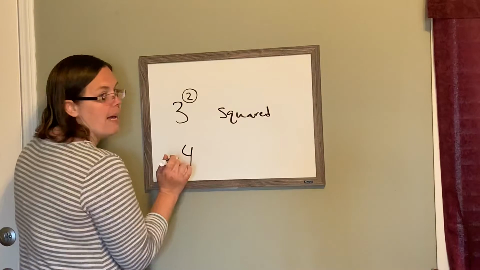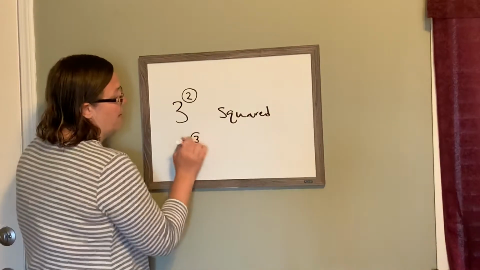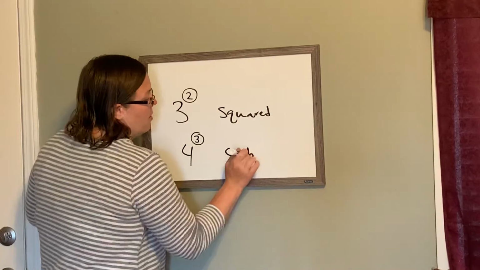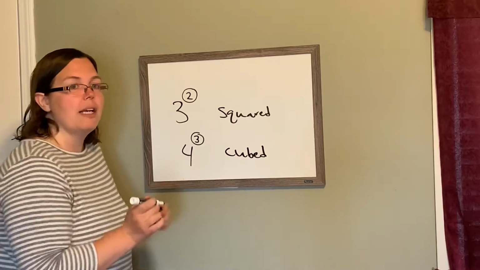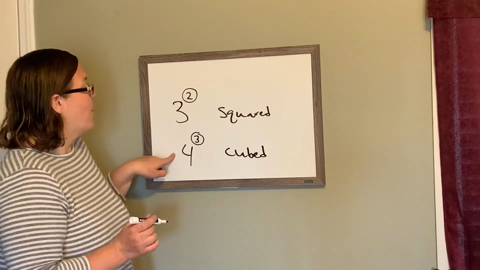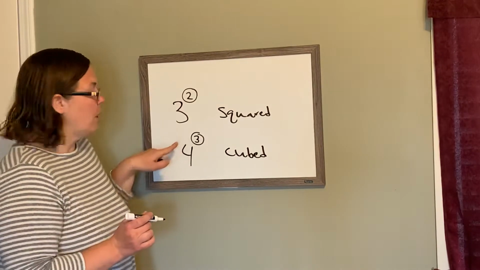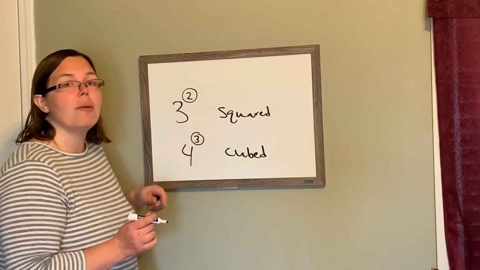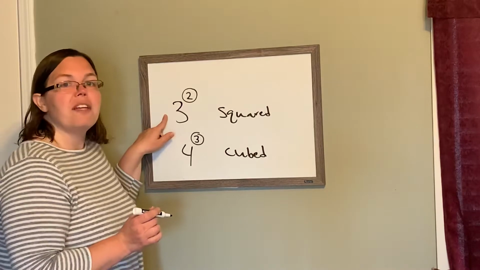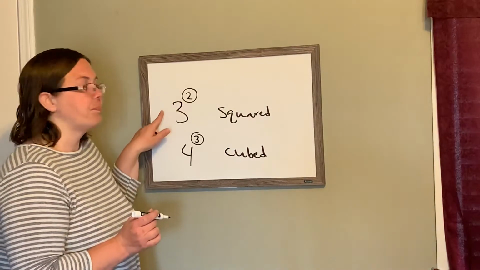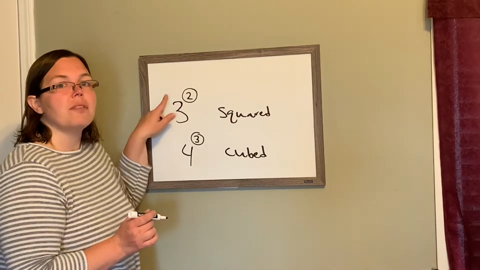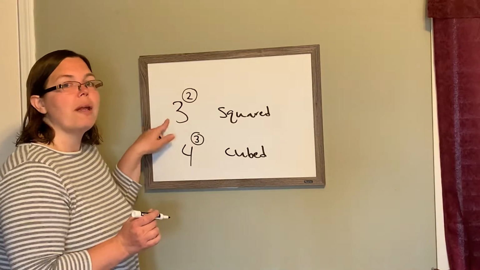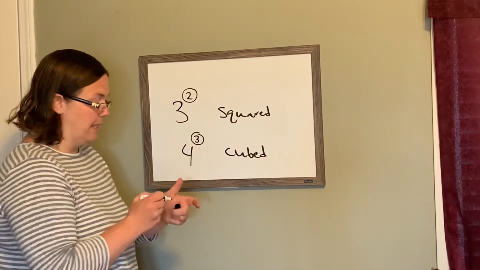If you have a base that has an exponent of 3, we like to call those cubed units. So you can either say 4 to the 3rd power, 4 with an exponent of 3, or 4 cubed. They all mean the same thing. With this, 3 to the 2nd power, 3 squared, or 3 with the power of 2, they all mean the same thing.